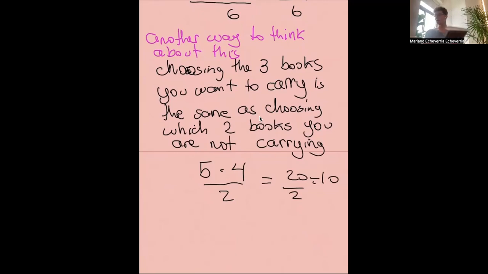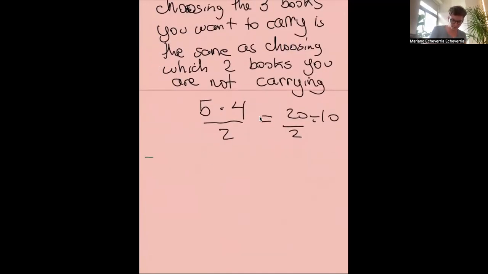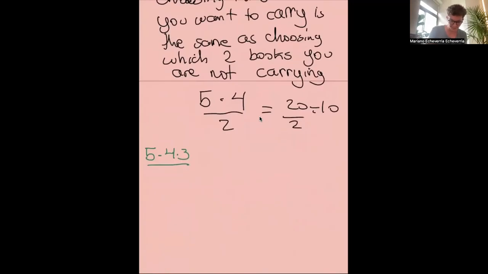Now, just to introduce some more notation, let's play with the original formula. The original formula was 5 times 4 times 3 divided by 6. I'm going to rewrite it in a way that is more convenient: 5 times 4 times 3, times 2 times 1, in the numerator.